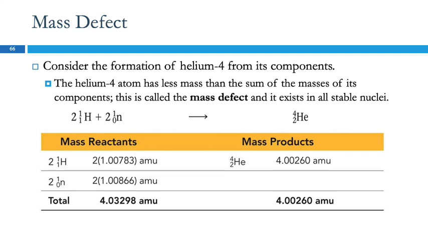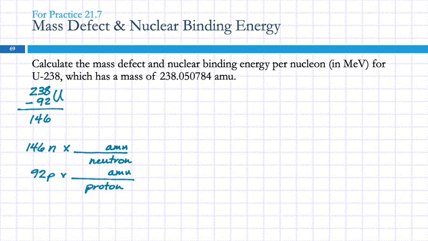So here we have the mass of a proton, 1.00783, and the neutron is 1.00866. So neutron, 1.00866 atomic mass units. And the proton, 1.00783. Those are not numbers you need to memorize.